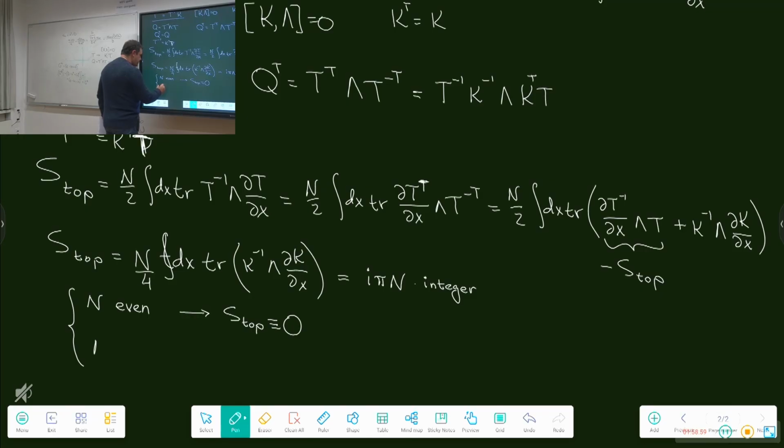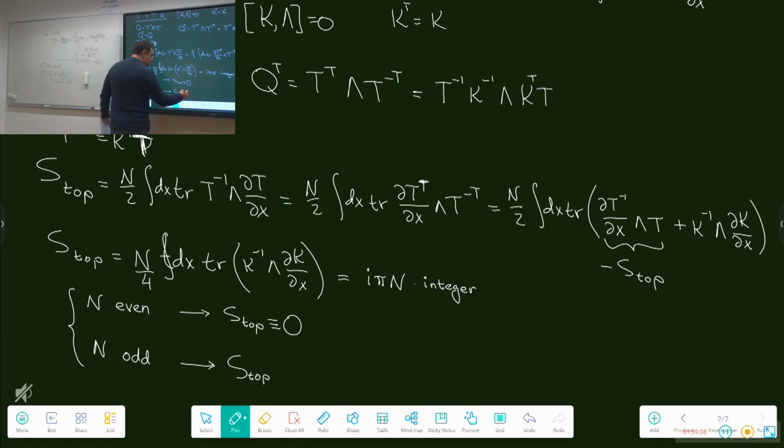But if n is an odd number, then this topological term takes exactly two values, only two possibilities.